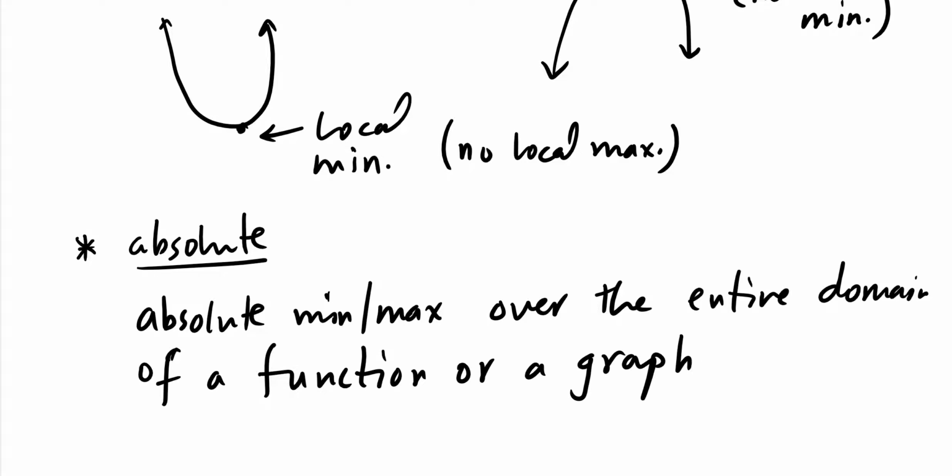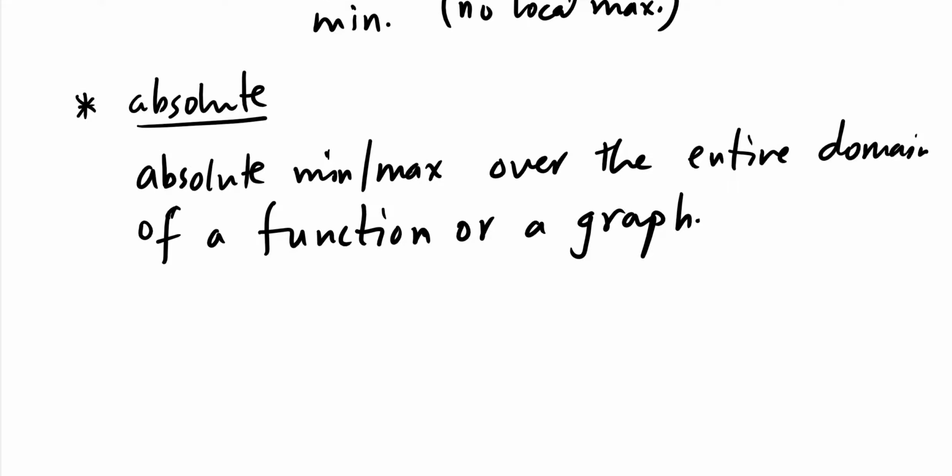Graph means a given graph. So this will tell me the maximum point the graph can reach. Where is, or are, the x values where the graph reaches its highest point over the entire domain.